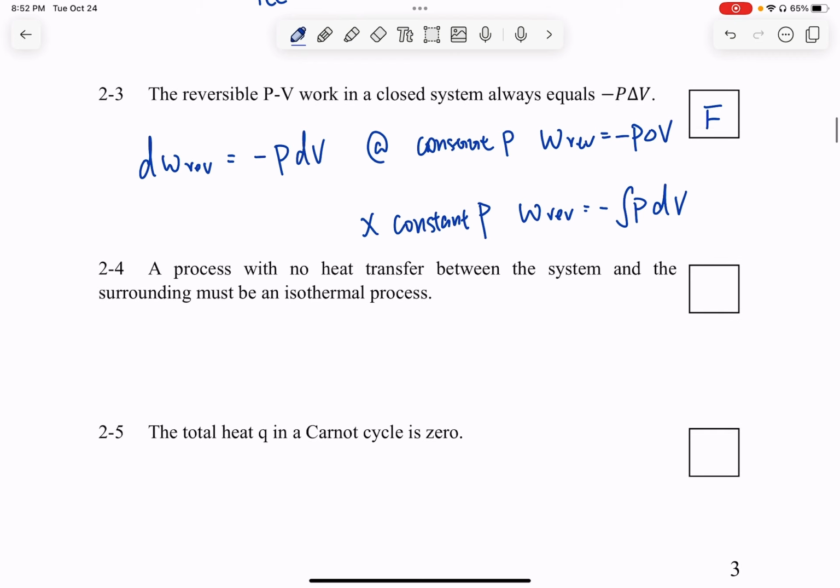A process with no heat transfer between the system and surroundings must be an isothermal process. No, this is an adiabatic process. And an adiabatic process is not necessarily isothermal, right? If you remember, for ideal gases, for the adiabatic expansion or contraction of the gas, we have the following equation.